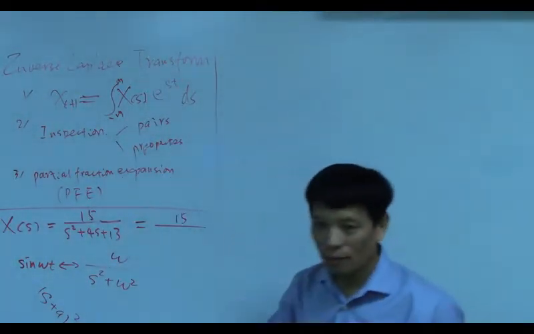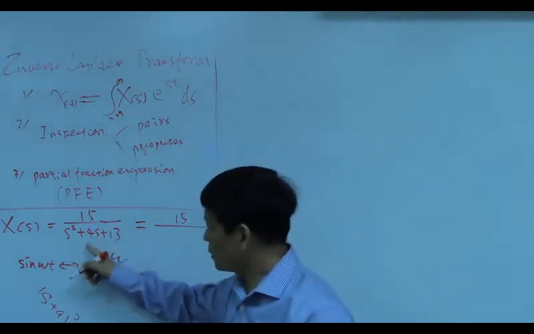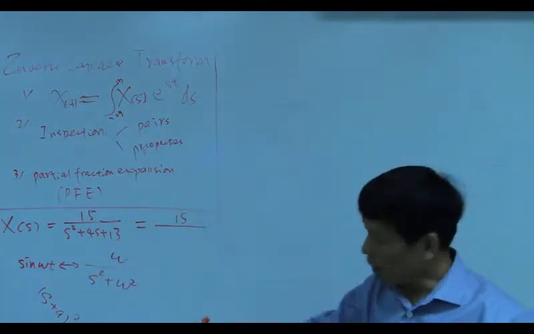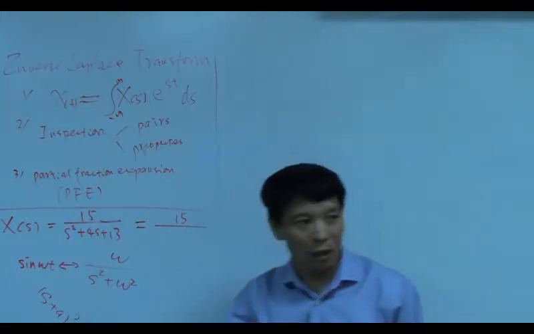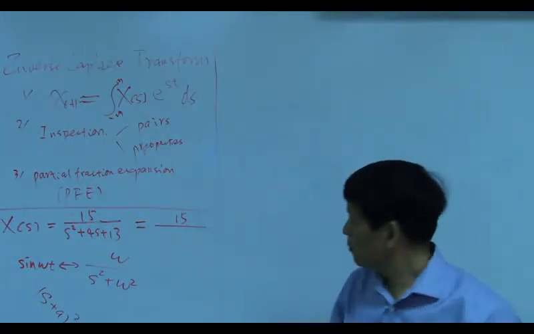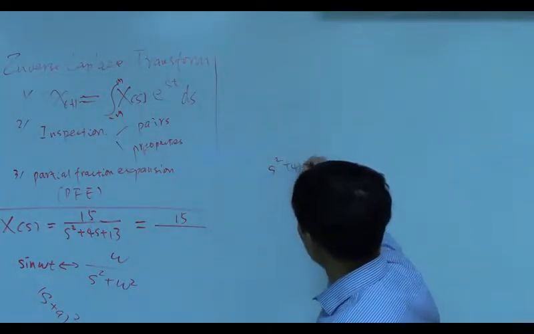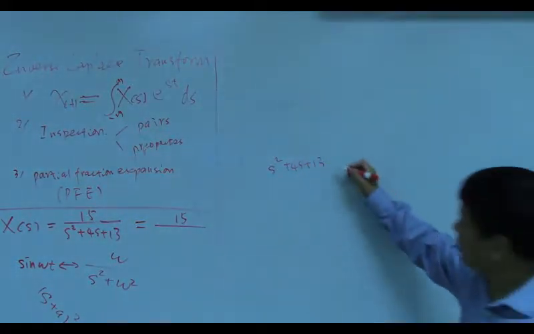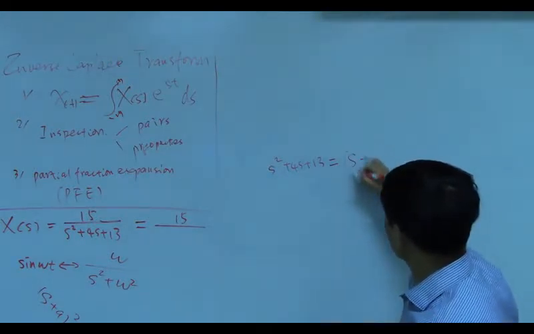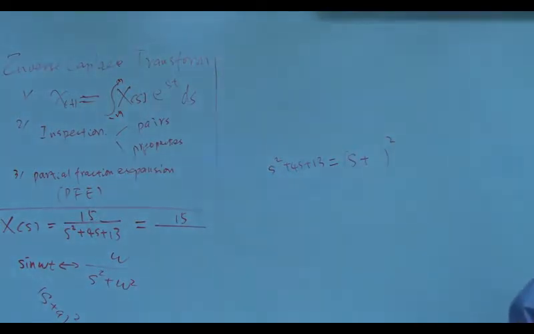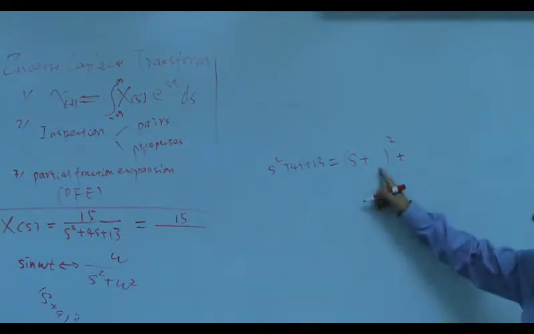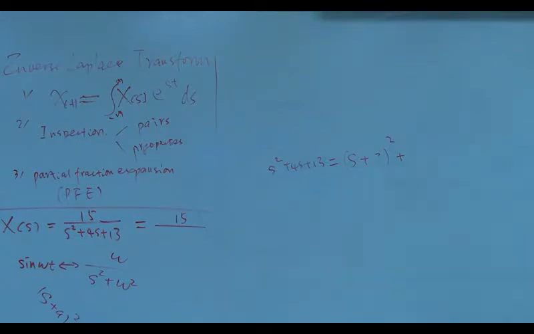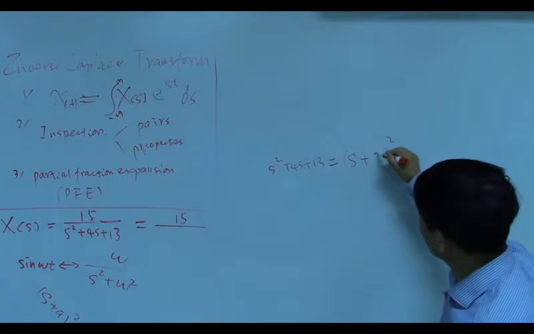So we are going to convert this, for example, I just copy the top 15. And this one, s squared plus 4s plus 13, I want to make this a perfect square. So that will equal s plus something, squared, then plus some constant here. So now the question is, what is this? It equals 2, right? So how to determine this 2?